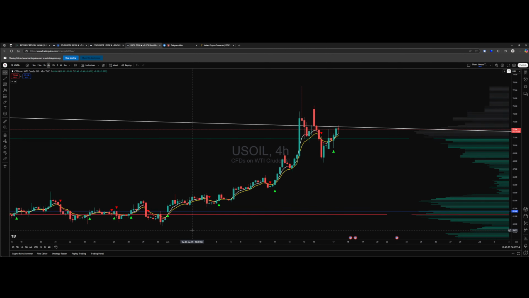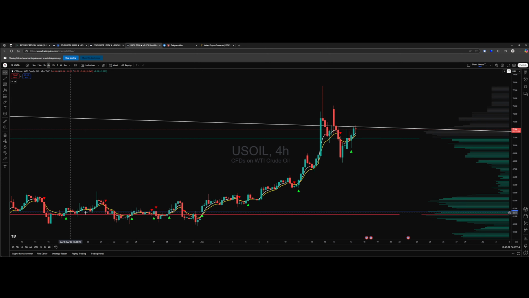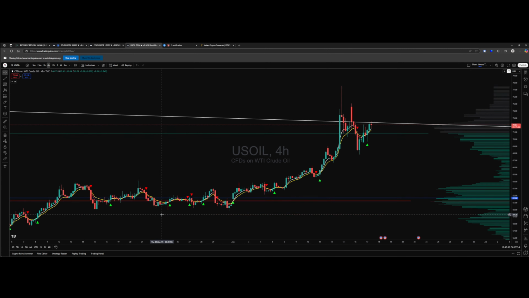And I'm showing this 4 hour oil because it's a nice representation of what a nice base of consolidation can do. And the fact that it's sitting at the point of control, as a trader, it's important to know that, right? If I'm looking to go long or short, an ideal setup for me, in a perfect world, would be something in and around the point of control where price is consolidated.